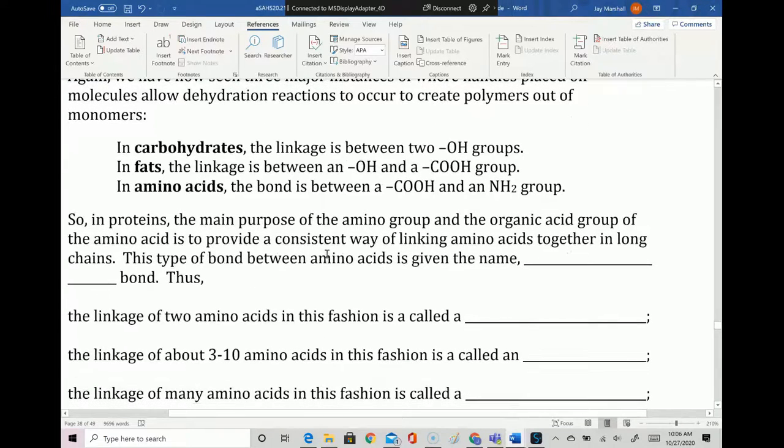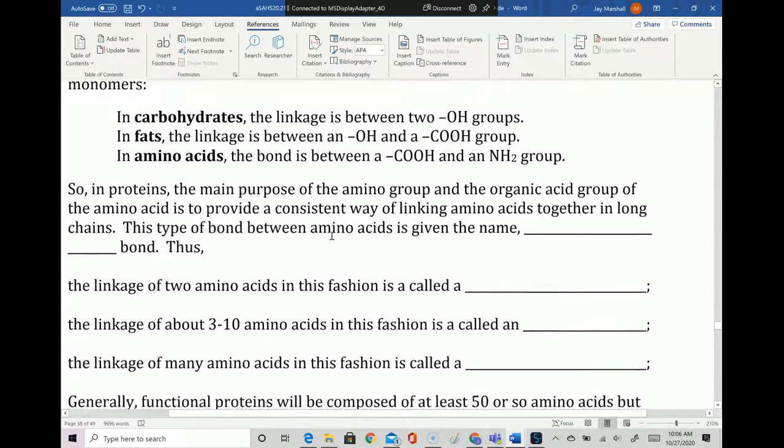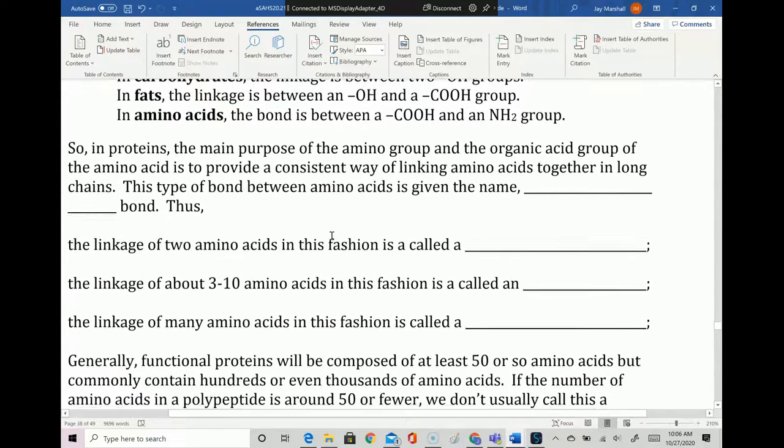So, in proteins, the main purpose of the amino group and the acid group is to provide a way of linking amino acids together in long chains. And again, we've said this type of bond is called a peptide bond. And I will want you to know the word peptide.